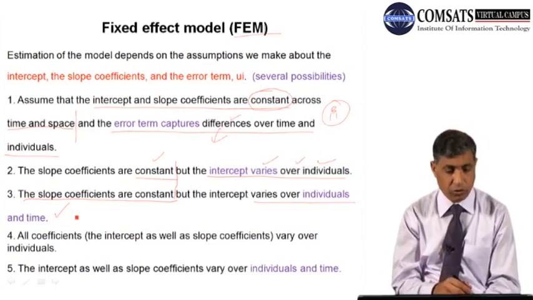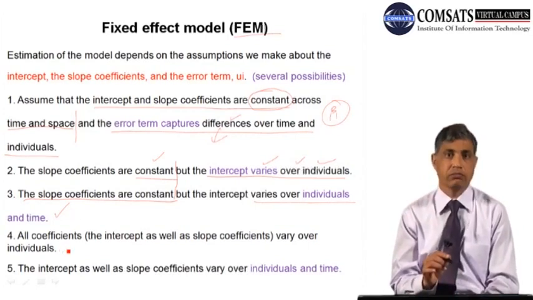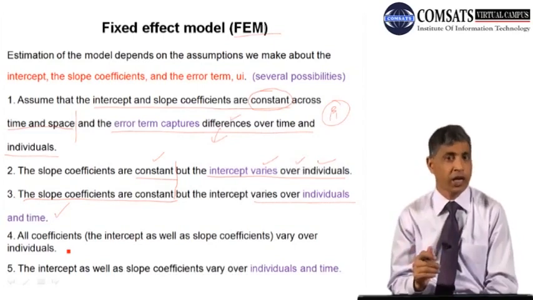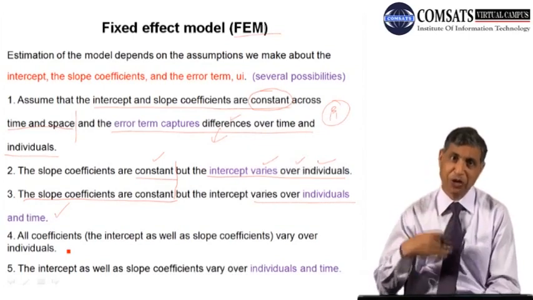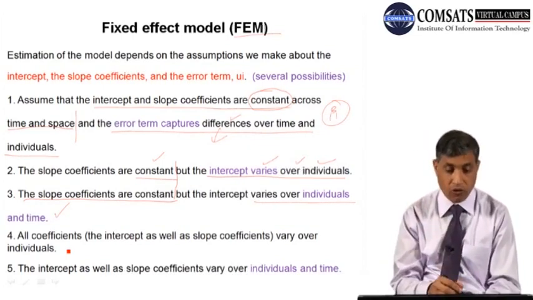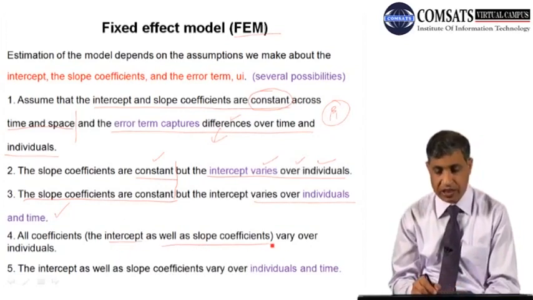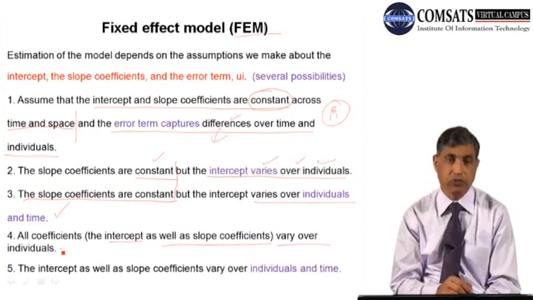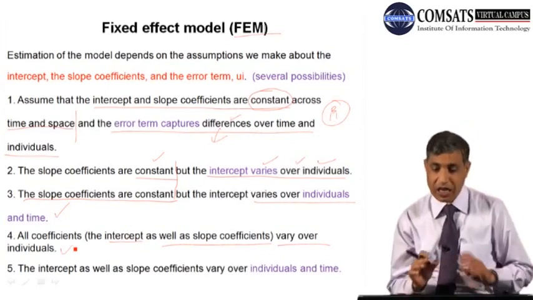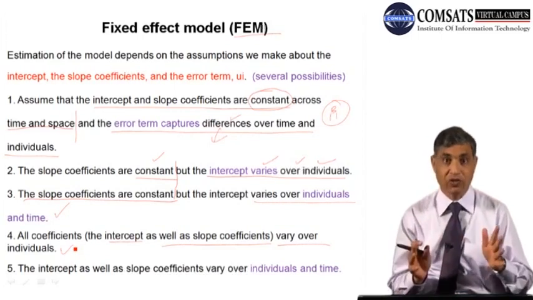The fourth could be all coefficients. You are becoming very kind-hearted. आज मौसम लगता है बड़ा सुहाना है. That's why you are giving more and more relaxation to your model. So what this means is that all coefficients, the intercept as well as the slope coefficients, vary over individuals. अभी भी आपने कुछ restriction लगा रखी हैं because they vary over individual.